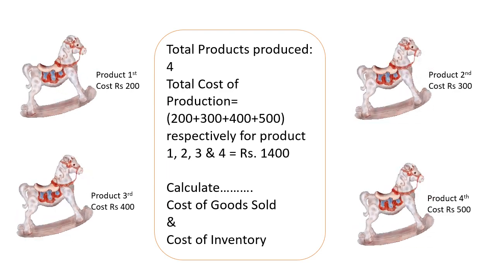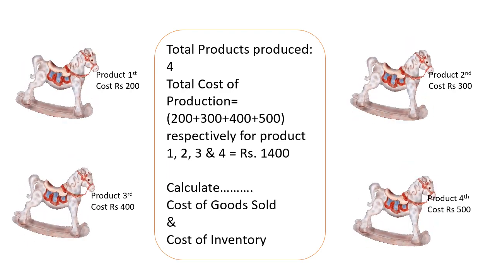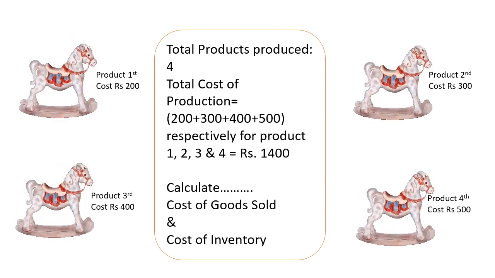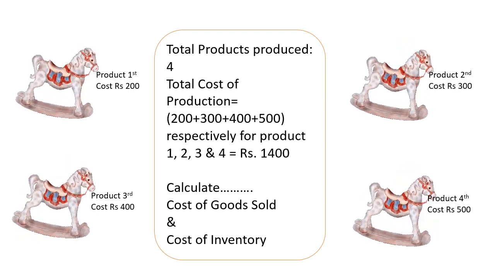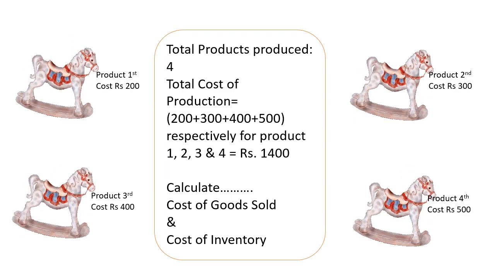The first one is produced at rupees 200, the second at rupees 300, the third at rupees 400 and the fourth at rupees 500. The total cost of production is 200 plus 300 plus 400 plus 500, which is equal to rupees 1400.